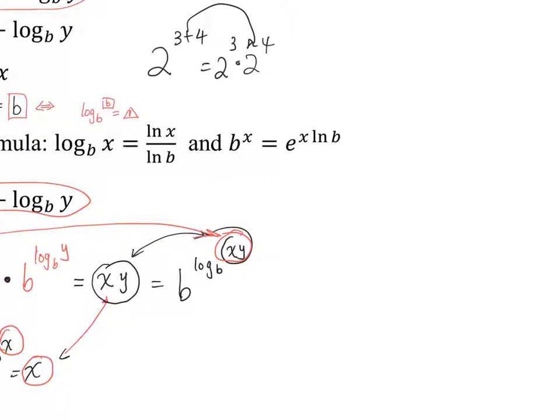And how can that happen? So think about this. You want to rewrite b to the x into base e, right? You need to figure out what this is. Let me call this y. I need to figure out what y is. I want to show that y is actually this guy.